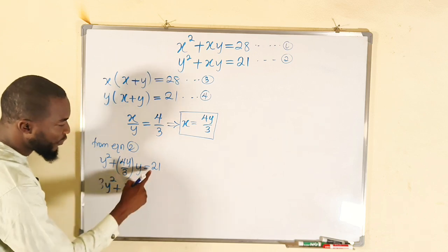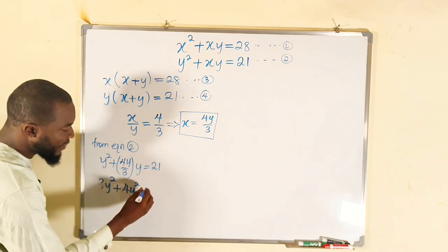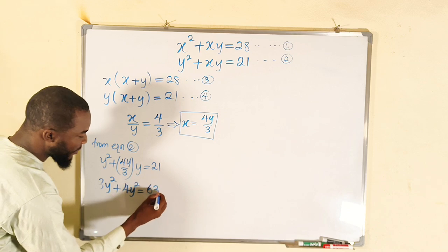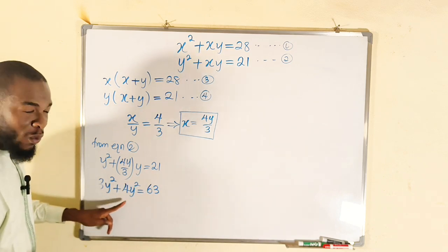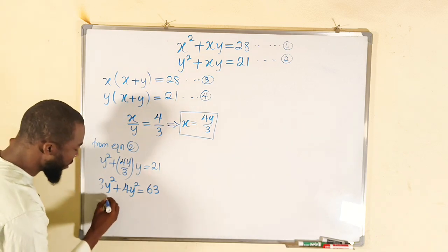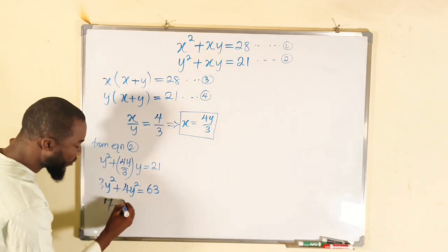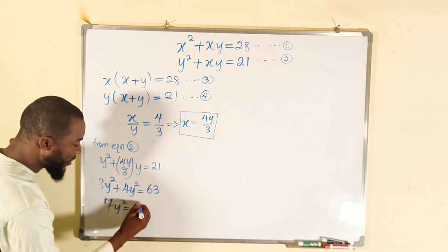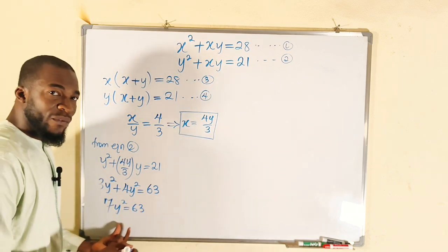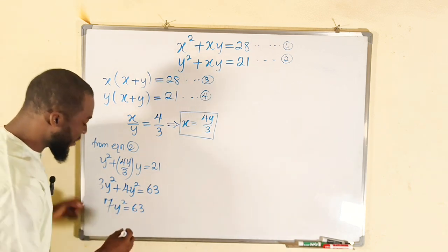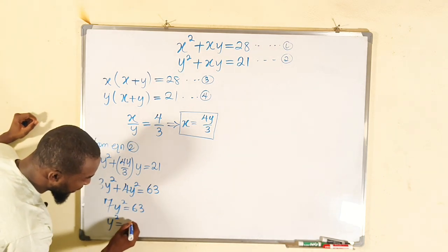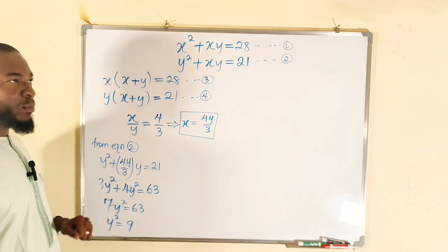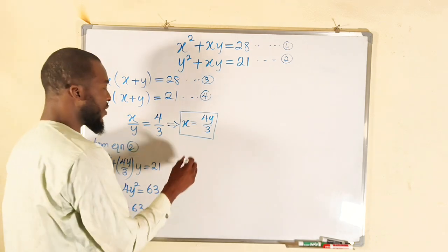And this is equal to 21 times 3, which is 63. Can you see that we have 3y squared and 4y squared, making 7y squared, equal to 63. Now we can divide both sides by 7, such that y squared equals 9, because 63 divided by 7 is 9.